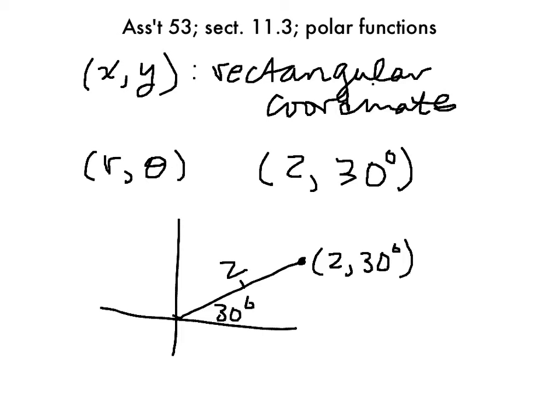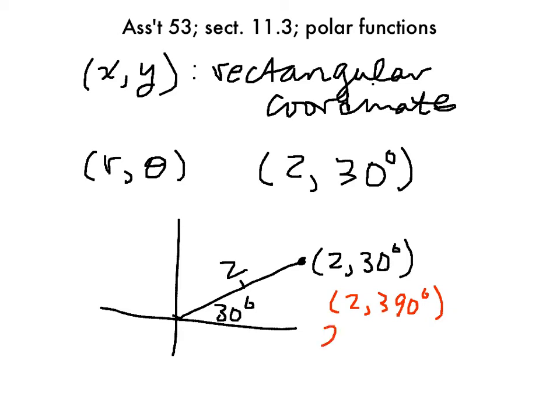One of the things that you'll notice is that there's a lot of ways to name a point in polar coordinates. In rectangular coordinates, there's only one way to name a point. But, for example, let's change colors here. We have (2, 30 degrees). Well, that's the same as (2, 390 degrees).